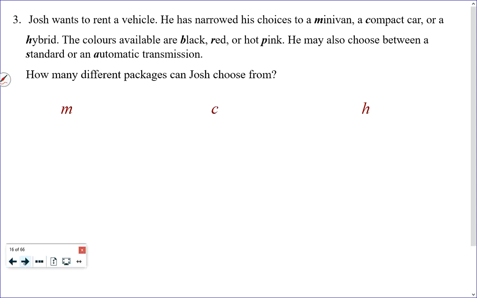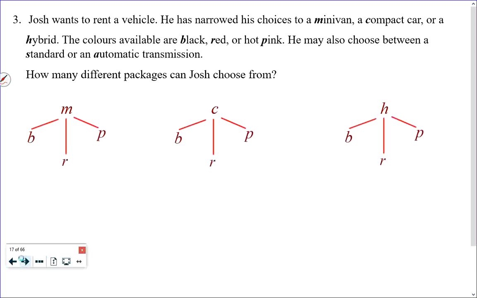Okay, what type of transmission would you like? Automatic or manual? And that means there's 2 choices there. So our tree diagram is going to look like this. If you choose a minivan, you have 3 different colors that you can choose from. If you choose a compact car, you have 3 different colors you can choose from. And if you choose the hybrid, you have 3 different colors.